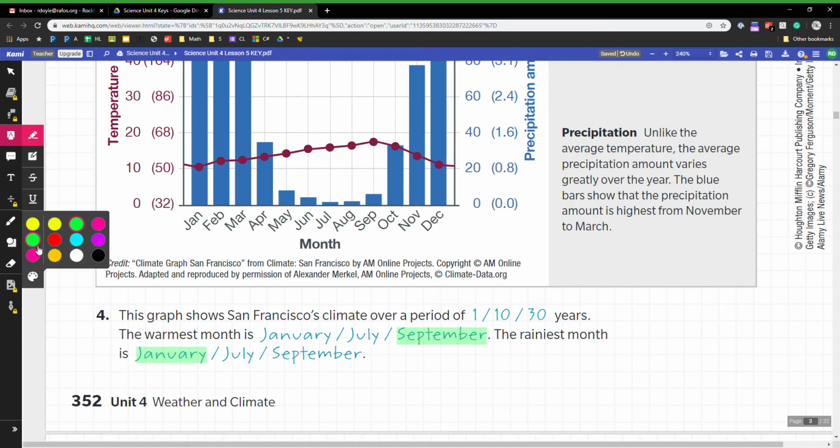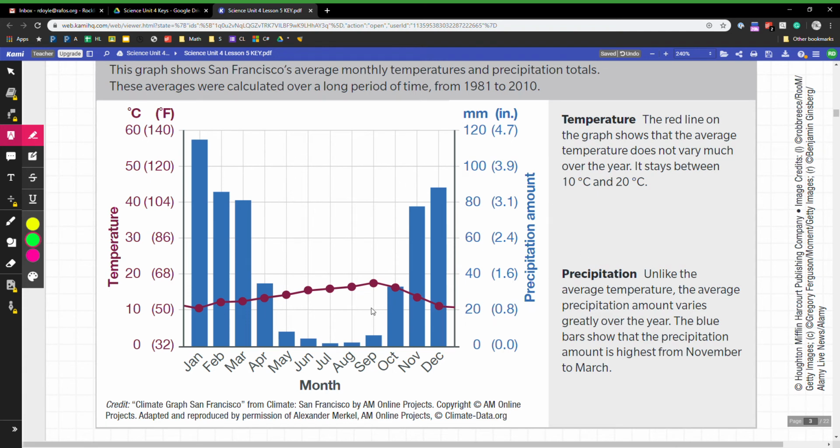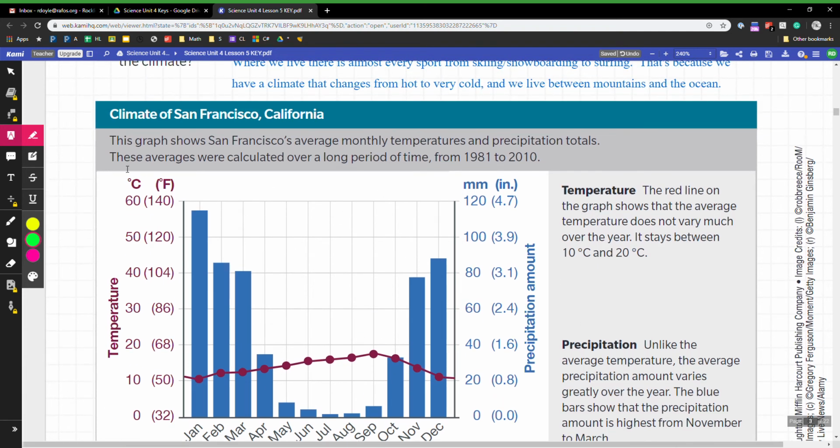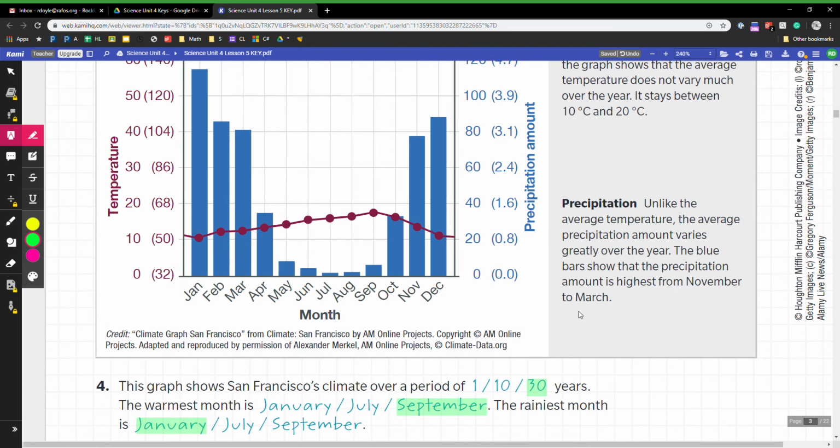I didn't notice that at first, probably because I didn't read the description. I think I read over here. So see, it says these are calculated over a long period of time. So this is climate versus weather. Weather would be like a year.